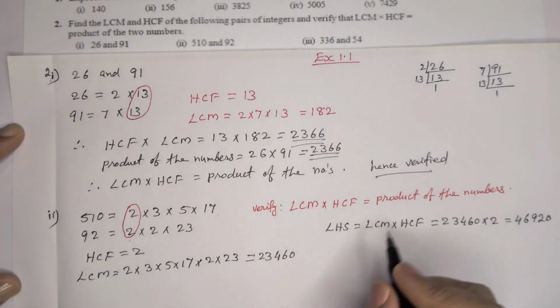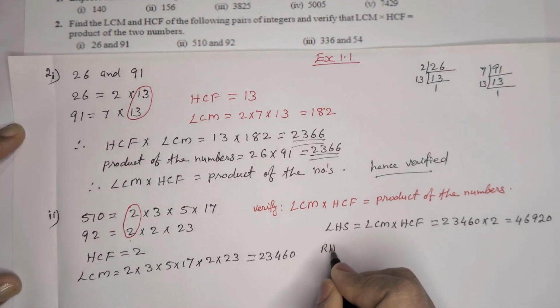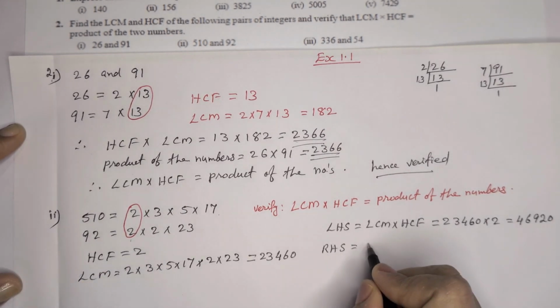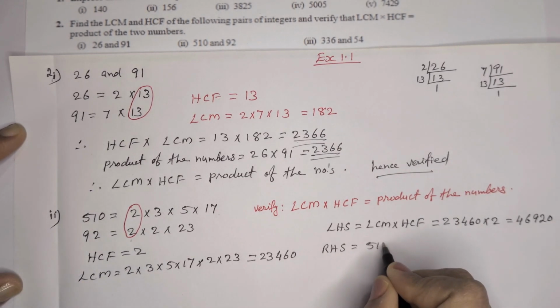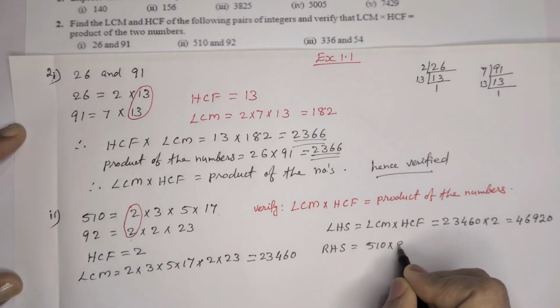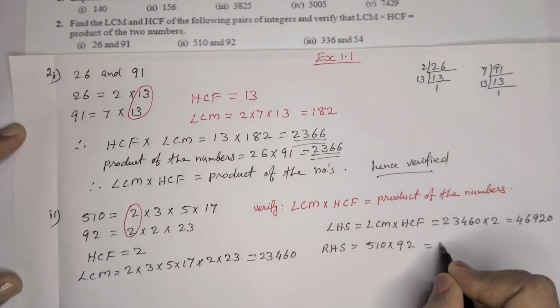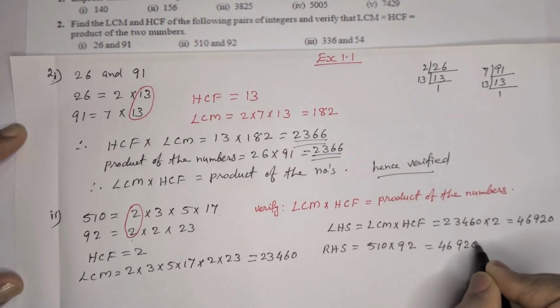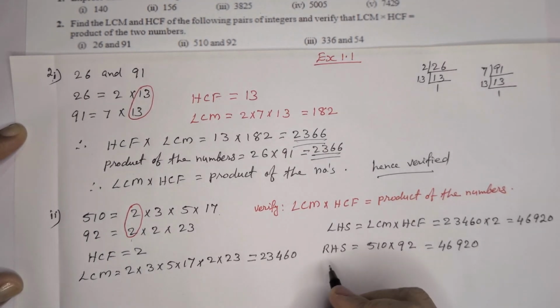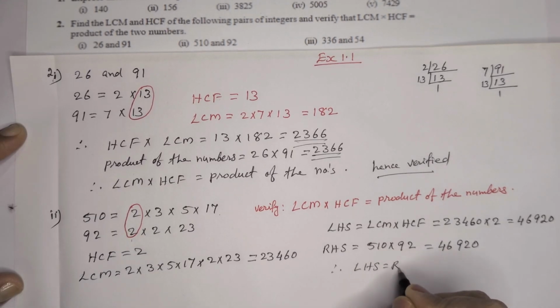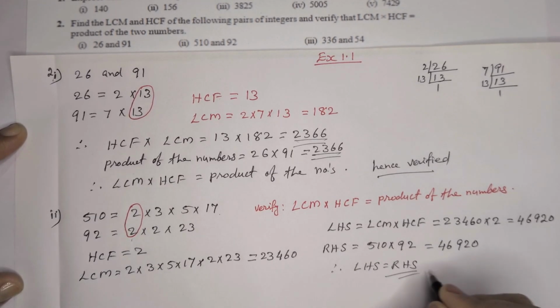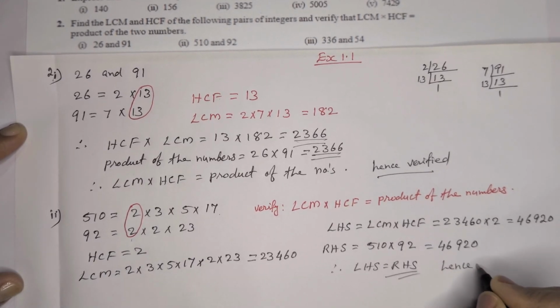Same way, the product of the numbers, RHS, is 510 into 92, which is equal to the same 46,920. So we can write LHS is equal to RHS. Hence verified.